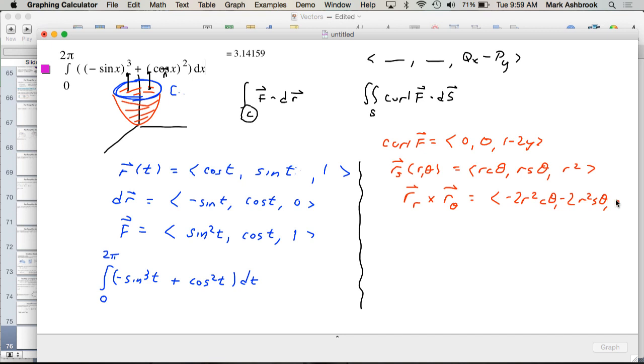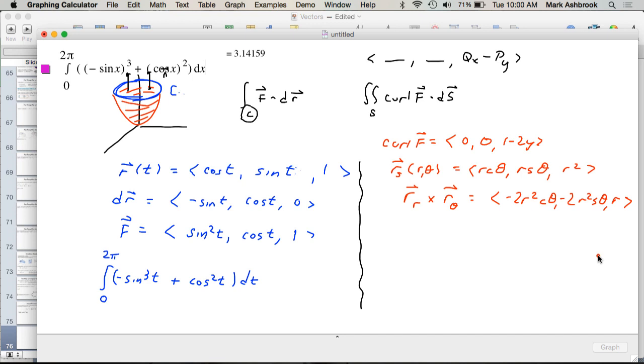And r. Remember, we saw this in recitation last week. When you do that cross product, you're establishing the orientation of all the n vectors for the surface as r and theta change. And with upward orientation, what does that mean?